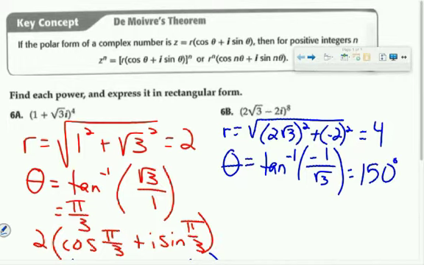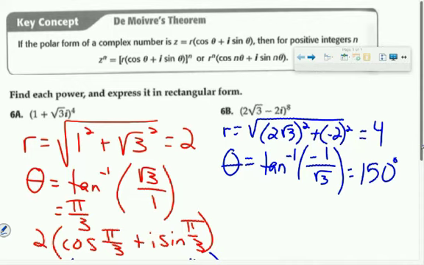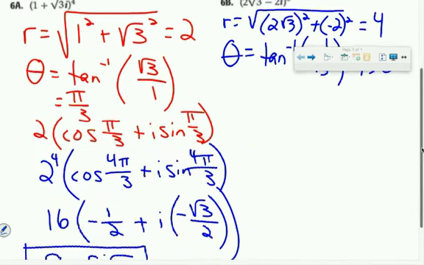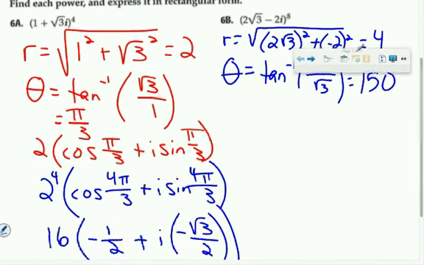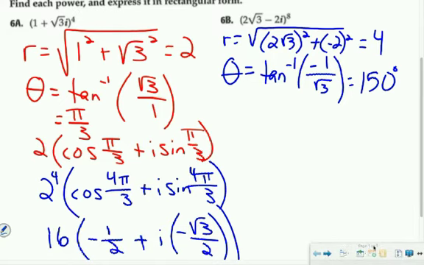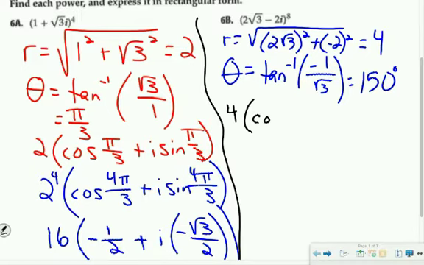So writing this complex number in polar form, I now have 4 times the cosine of 150 degrees plus I times the sine of 150 degrees.